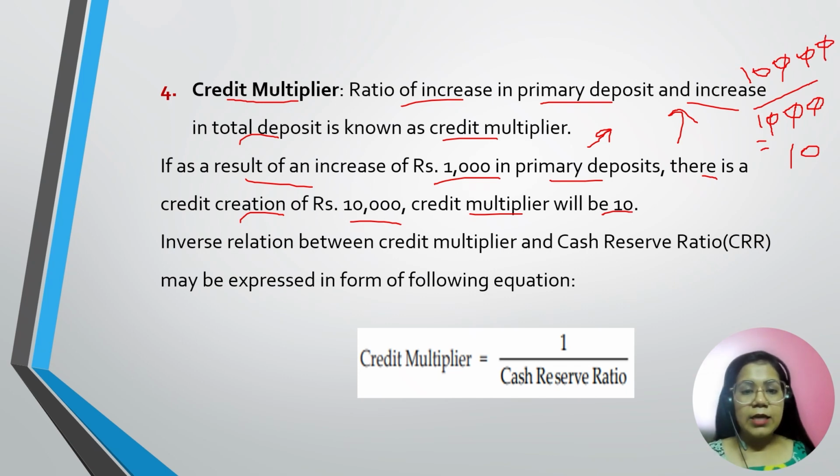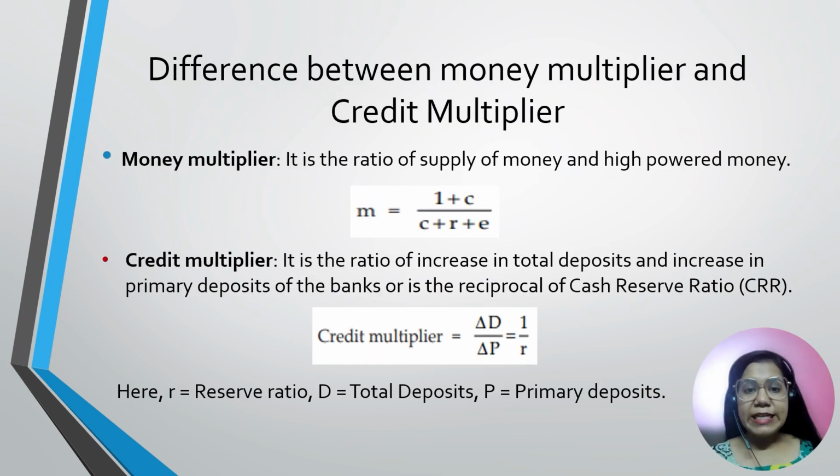So there is an inverse relationship between the credit multiplier and the cash reserve ratio. What is it? See, credit multiplier is equal to 1 upon cash reserve ratio. So now we have already studied something known as money multiplier, and now we have also studied credit multiplier.